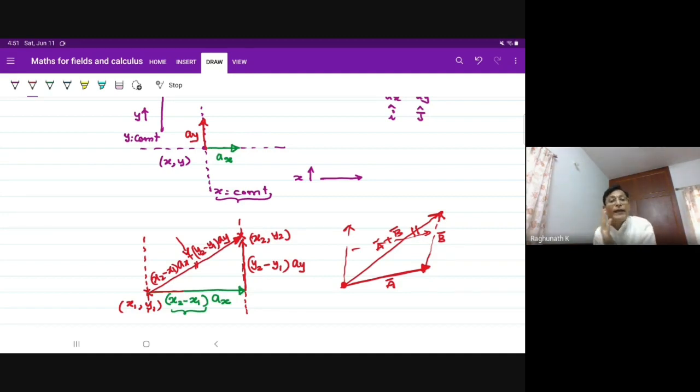Y is y1 on that line. Y is kept constant. X only is changed from x1 to x2. I'll stop there after reaching x2. Then, keeping x constant, I will only change y while moving from y1 to y2, because of which there are two components. One is x2 minus x1 ax, another is y2 minus y1 ay.